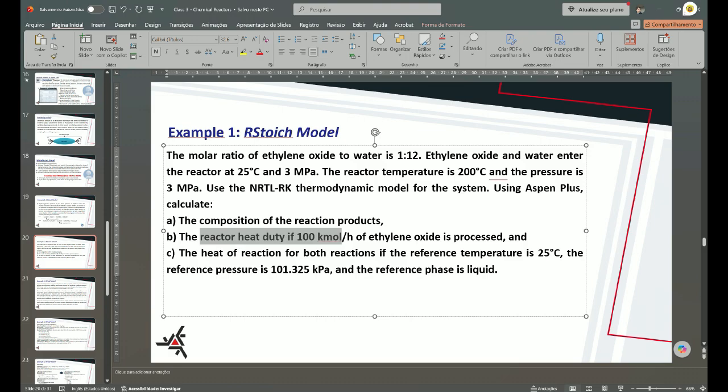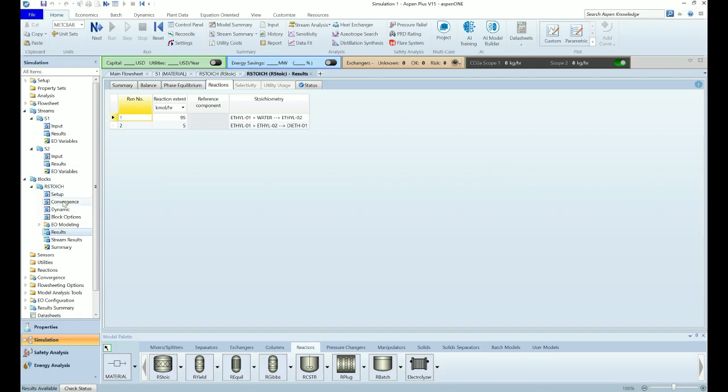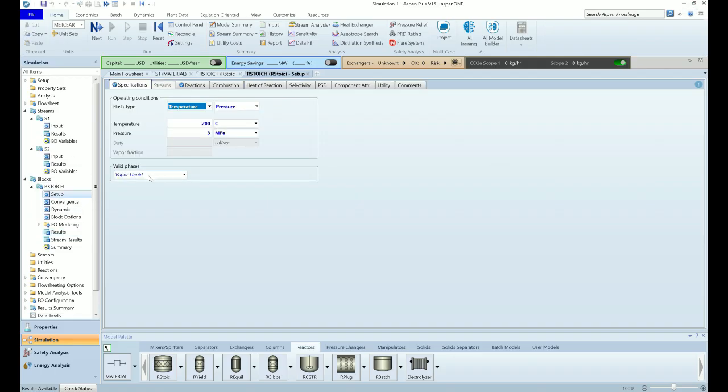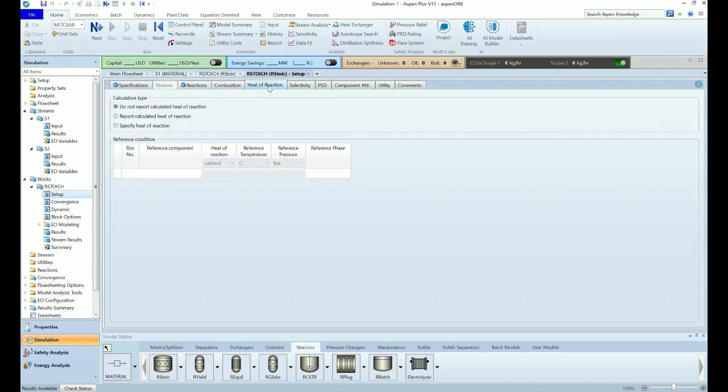And also the heat of reaction for both reactions, if the reference temperature is the standard condition and the liquid phase is the reference. We didn't define the liquid phase as the main condition, but we can define it here if you want. But as no vapor phase was present here, I believe the reactor considered only liquid phase for the reaction. And here we have the option heat of reaction.